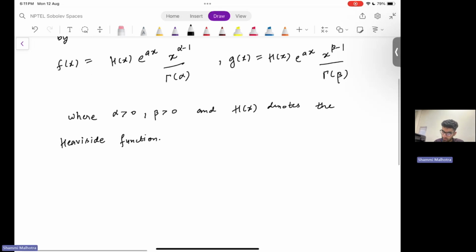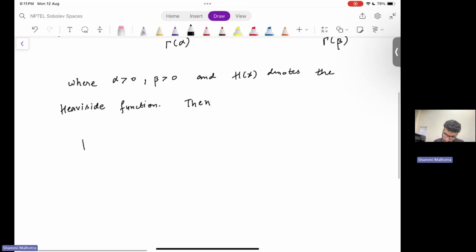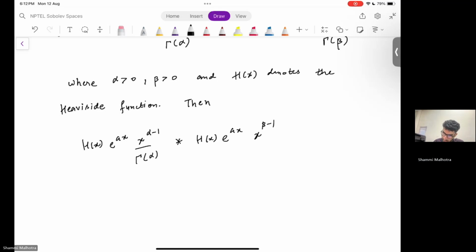So what do we now have? If this denotes the Heaviside function, then the convolution of H(x) e^(ax) x^(alpha-1) / Gamma(alpha) with the beta version gives H(x) e^(ax) x^(alpha+beta-1) / Gamma(alpha+beta).